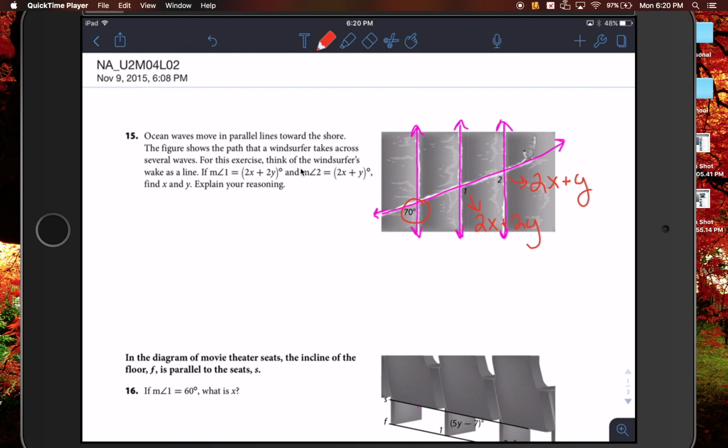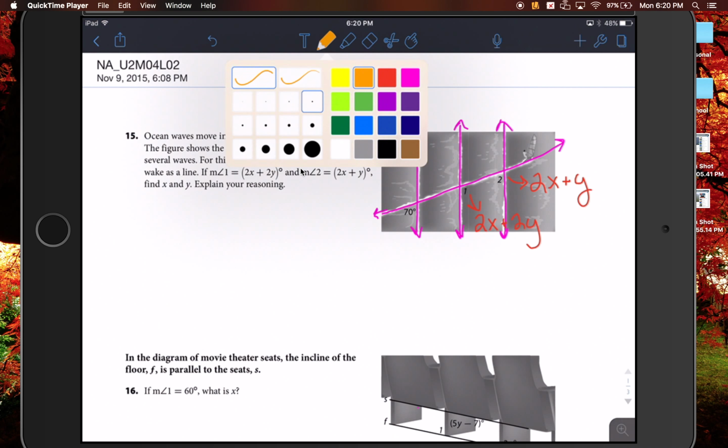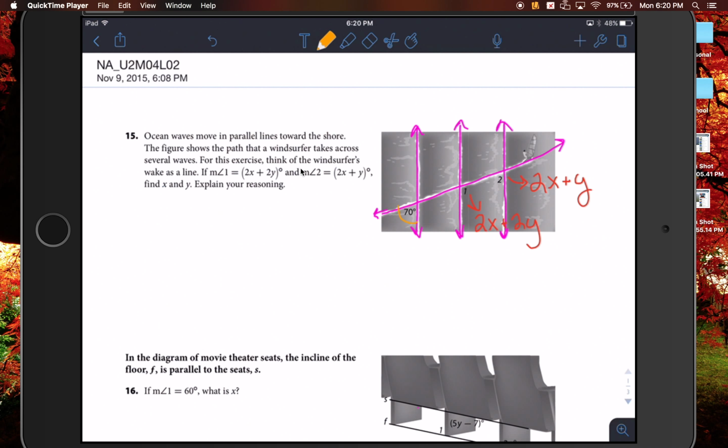First off, I can see that the measure of angle 70 is congruent to this angle here because I have a transversal and two parallel lines. These are corresponding angles. Also, this angle here is congruent to angle 2, again because we have corresponding angles.